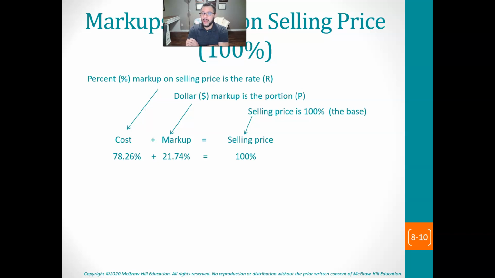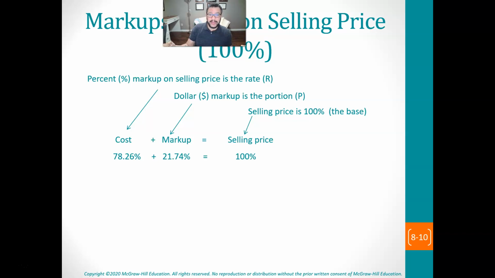Then they know, okay, for every $1 I spend, so that's a cost, I want to make 25 cents. So they have some information about what this pen costs them, right? Because they have the information on what a pen would cost them, they're probably going to do their markup based upon cost, because they have enough information to make a decision. They know every time I spend $1, I'm going to make 25 cents.